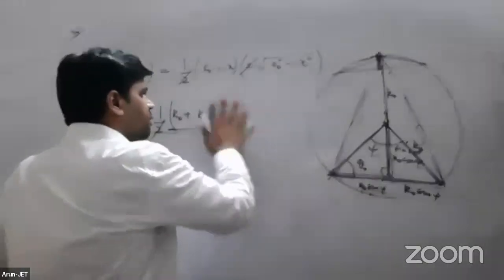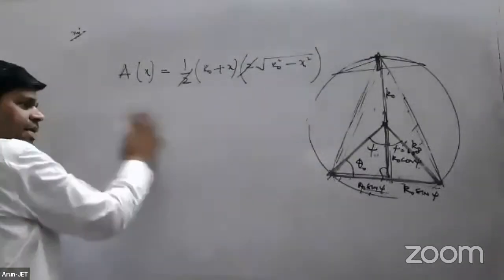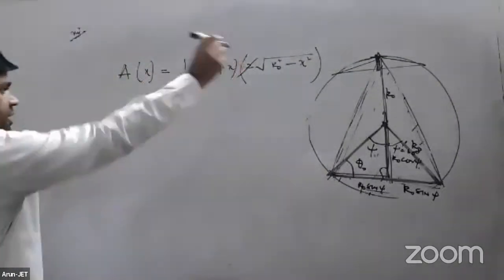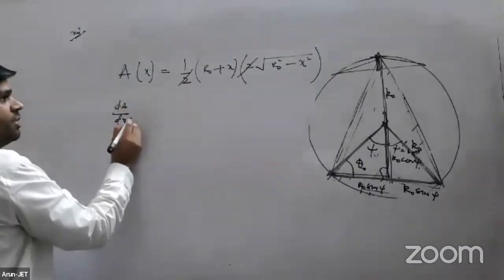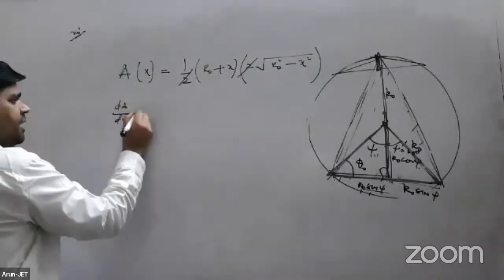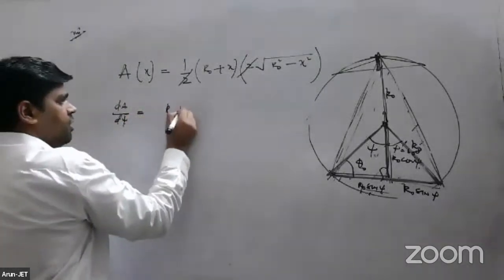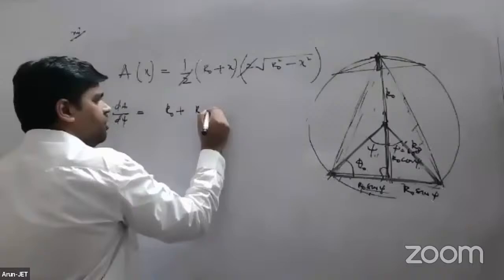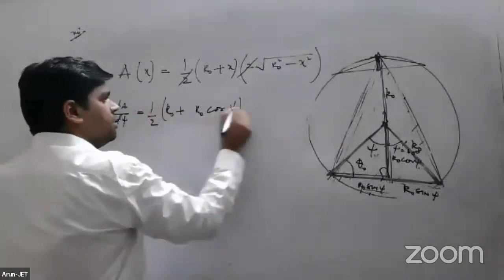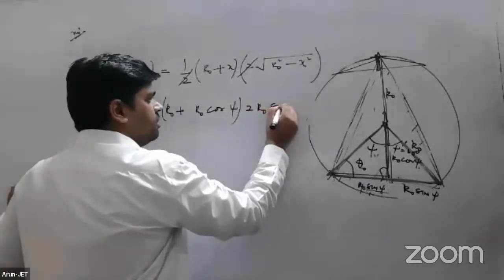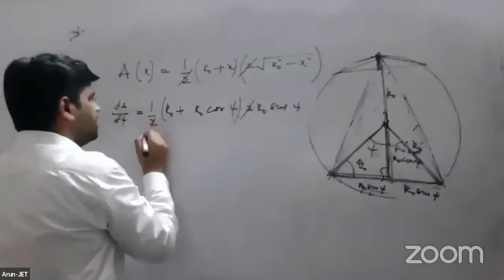But look at this. To know the maximum value of the function, we need to differentiate. For instance, dA by d psi is equal to r naught plus r naught cos psi times r naught sin psi, 2 gets cancelled out.